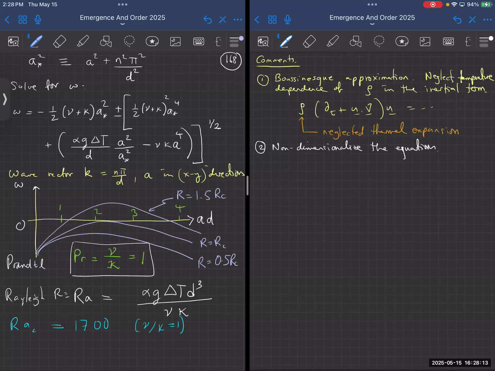Now, I'm not going to write them down. Actually, am I going to write them down? Let me just see if the equations are in my notes here. Yeah, I don't believe these equations. But anyway, you can non-dimensionalize this.